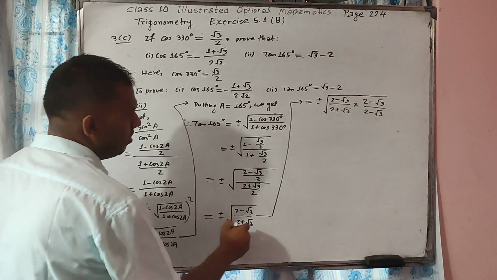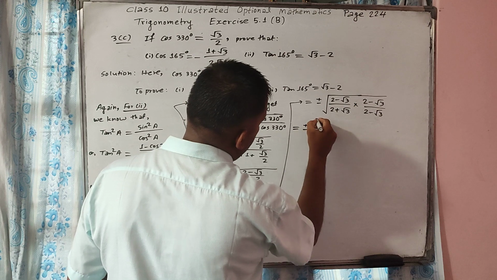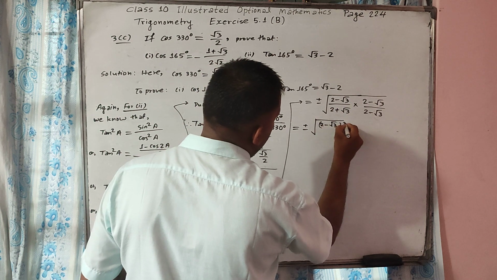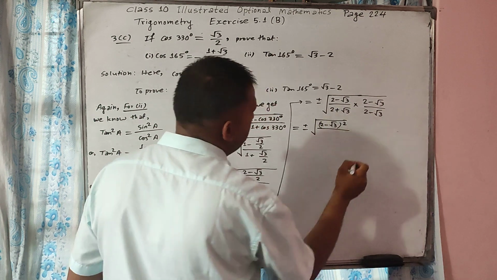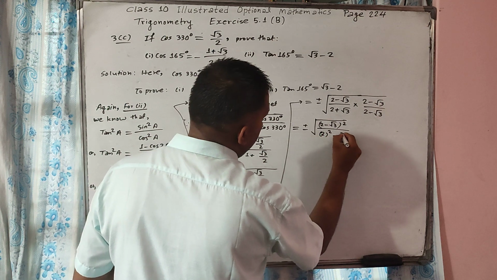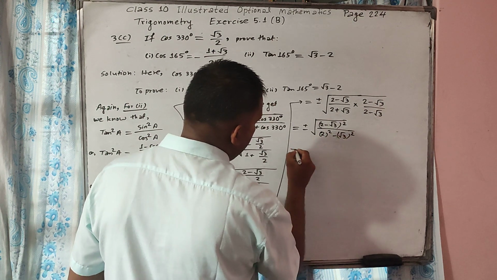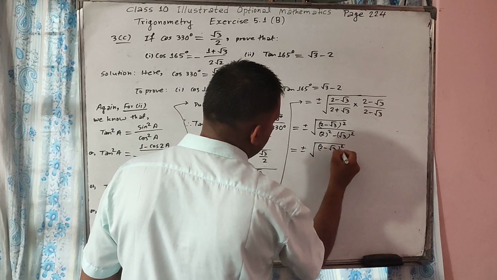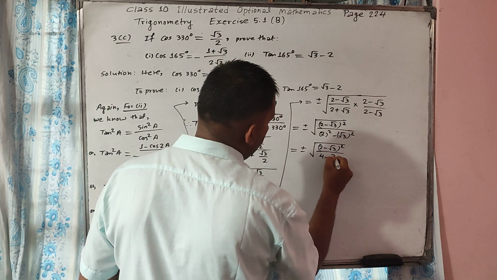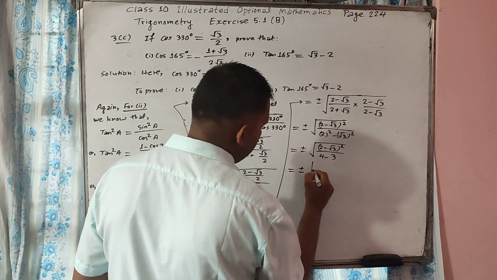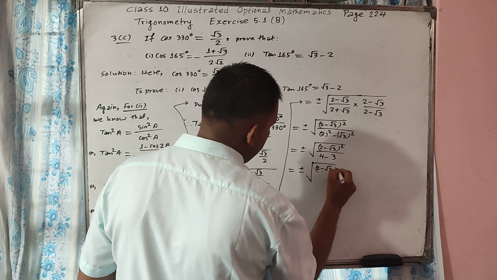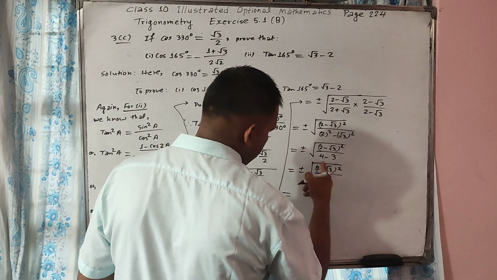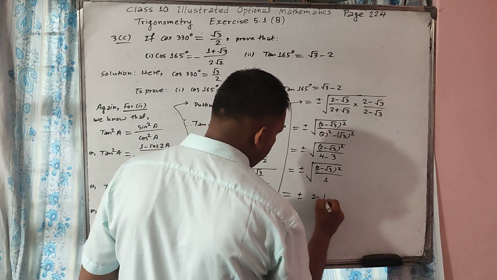This is equal to plus minus square root of (2 minus root 3) whole square all upon (2 plus root 3)(2 minus root 3), that is 2 square minus root 3 square, equal to plus minus (2 minus root 3) whole square upon (4 minus 3), that is 1. Square root of 1 is 1. Square and square root cancel. Plus minus (2 minus root 3).